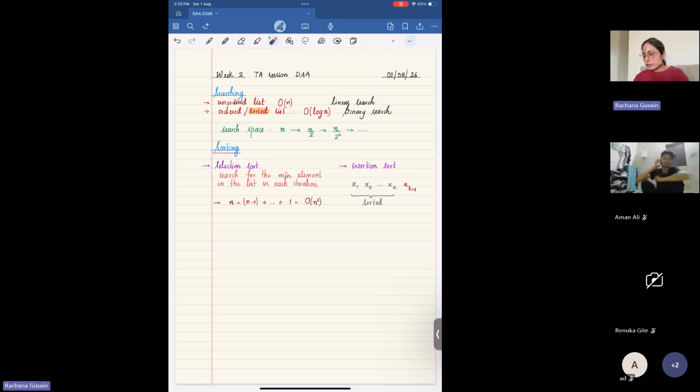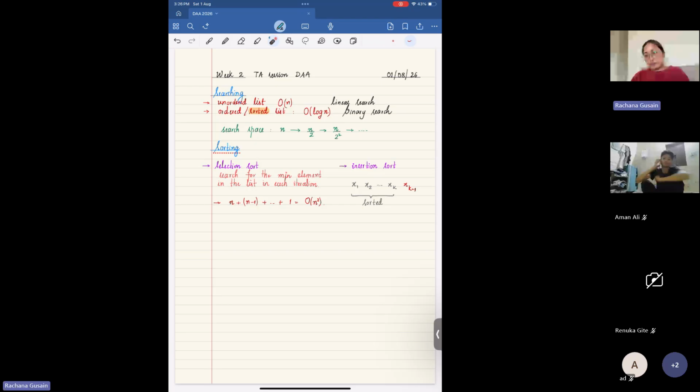Let's say x2 happens to be smaller than xk plus 1. It means that all the elements from x3 to xk were larger than xk plus 1, so we have shifted them one position to the right while maintaining their own ordering. Between x2 and x3, I have a gap, and there I finally place xk plus 1.